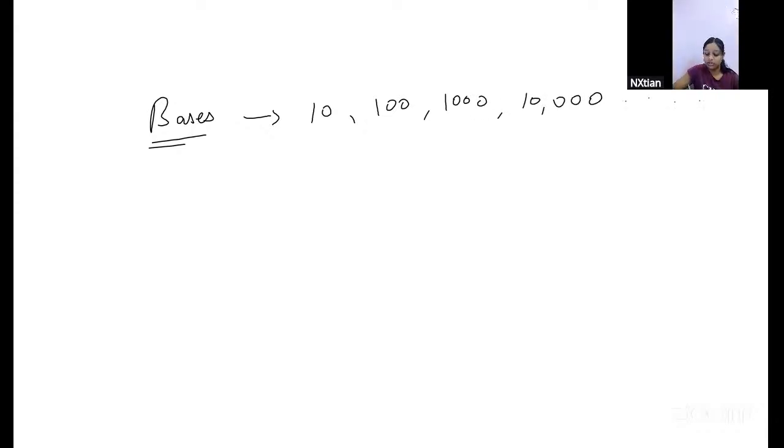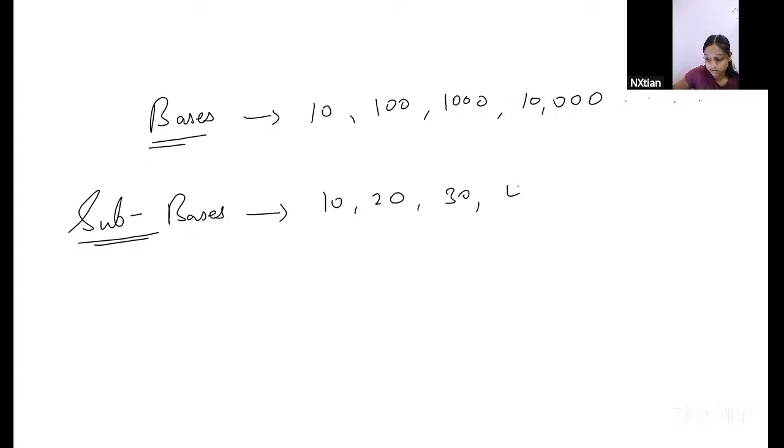Then I explained you the concept of sub-bases. What are sub-bases? Multiples of 10: 20, 30, 40, 50, 60, and so on. Or 200, 400, or 2,000, 3,000, 4,000, or 20,000, 30,000, 40,000. All of those are sub-bases.